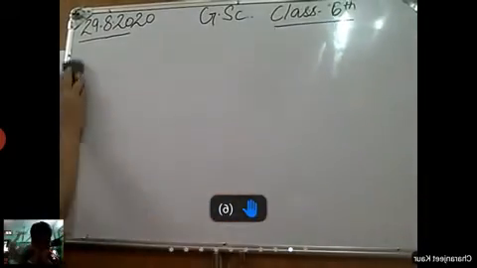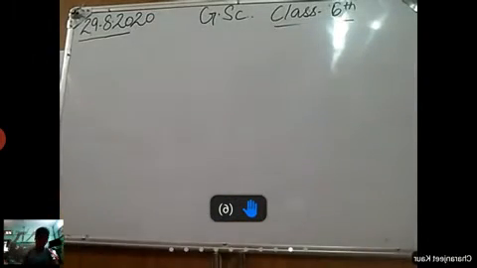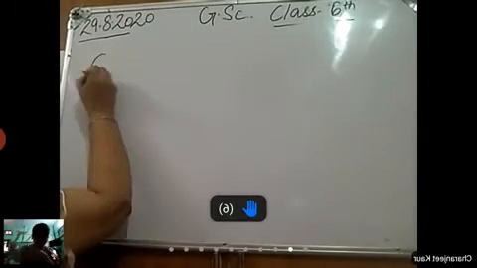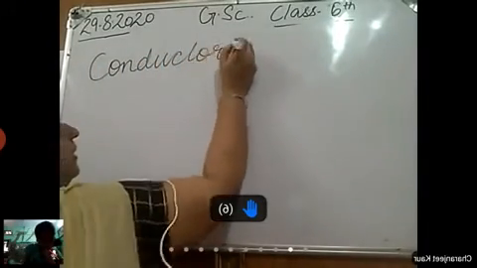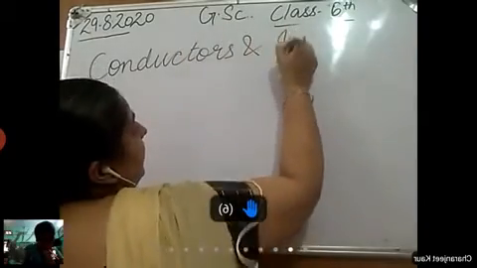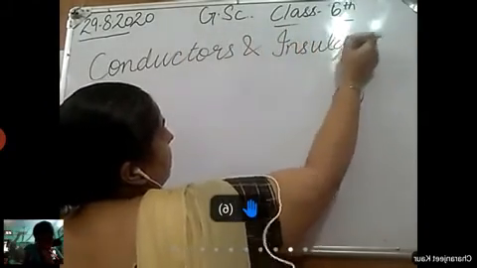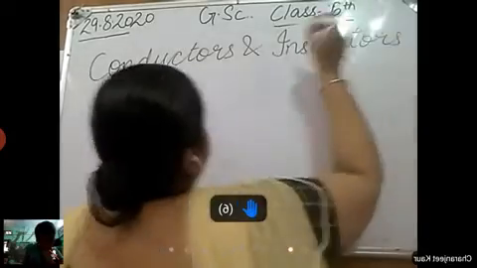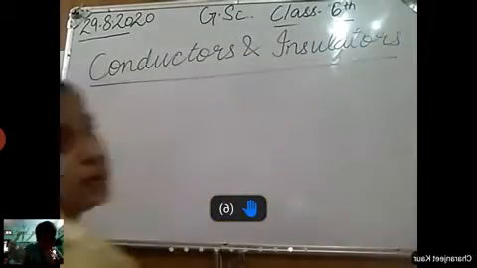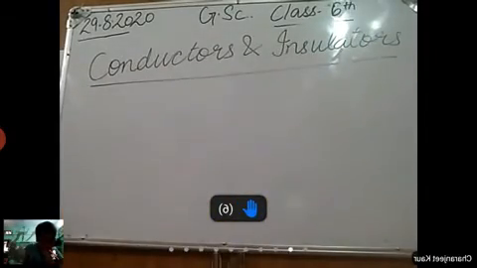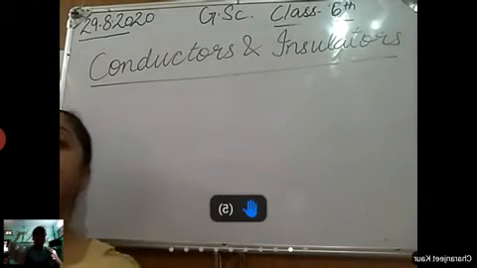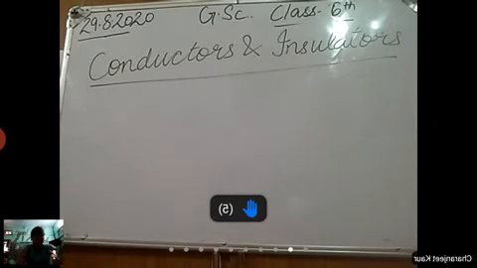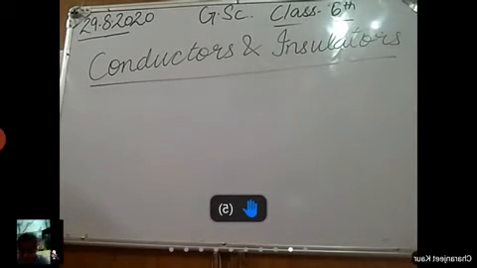Our next topic is conductors and insulators. You know what are conductors? Conductors are the materials that allow electric current to pass through them. जिनमें से इलेक्ट्रिक करंट पास हो सकता है.